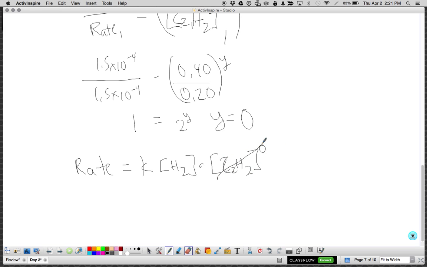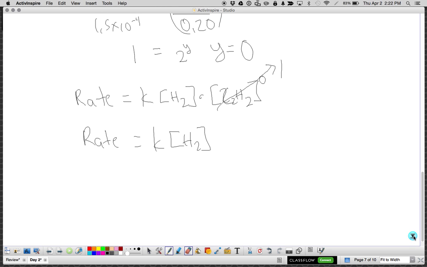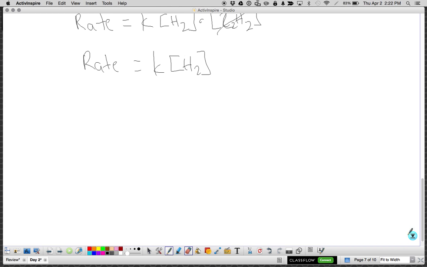Now keep in mind that C2H2 raised to the power of 0, no matter what value this is, is always 1. So rate equals k times the concentration of H2. Now pause at this point and see if you can get me a value for the rate constant with correct units.